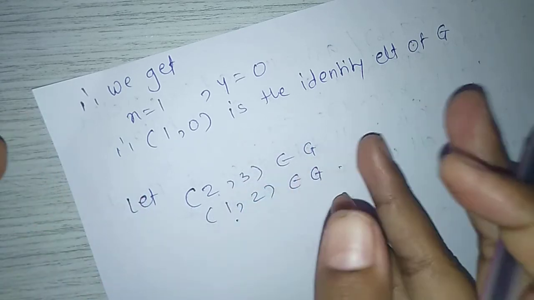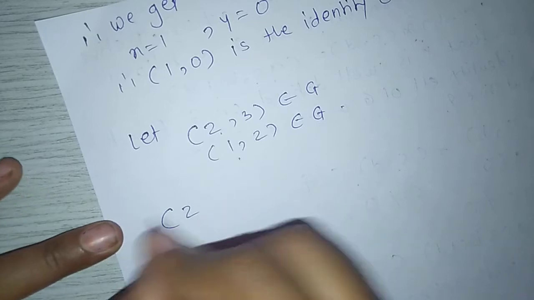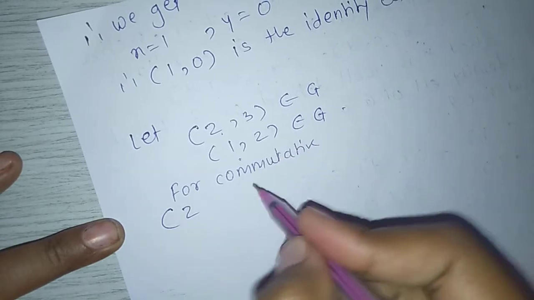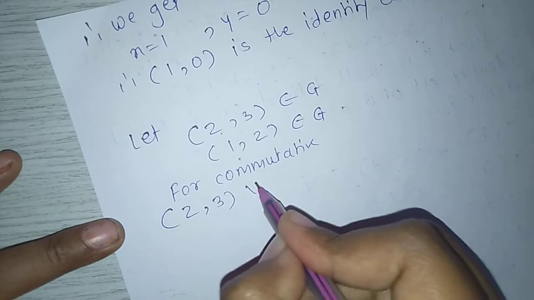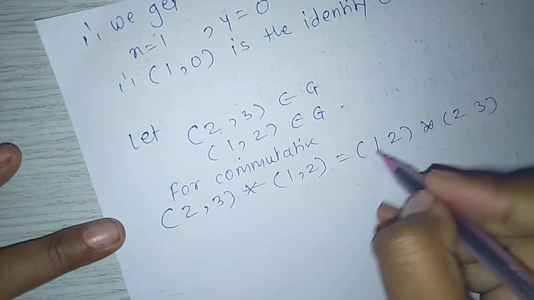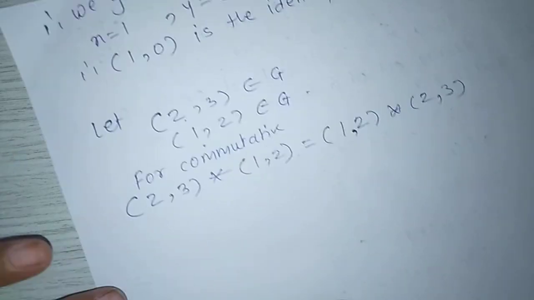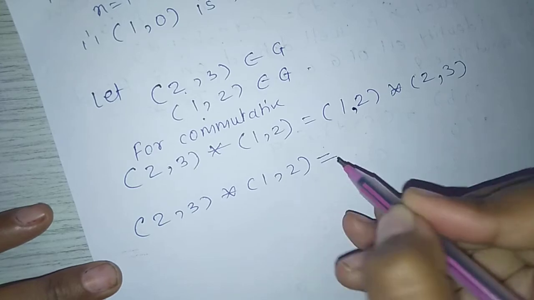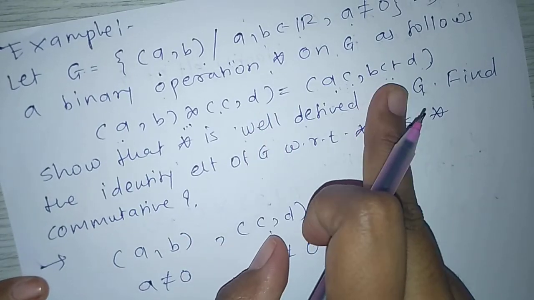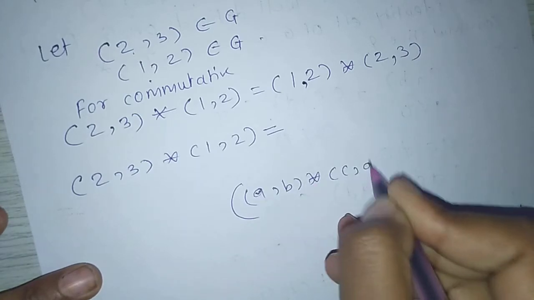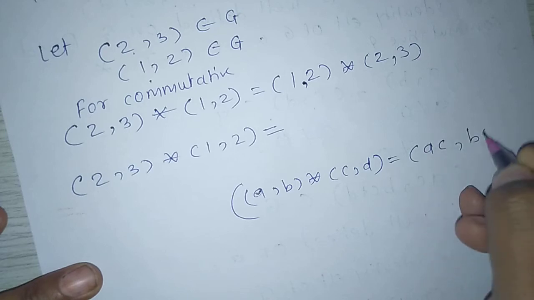That's why these two elements also belong to G. For commutative, we have if (2, 3) star (1, 2) equals (1, 2) star (2, 3), then we can say that star is commutative on G. (2, 3) star (1, 2) equals, by the given definition, (a, b) star (c, d) equals (ac, bc + d).